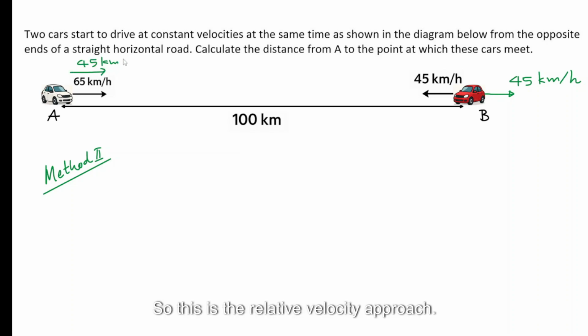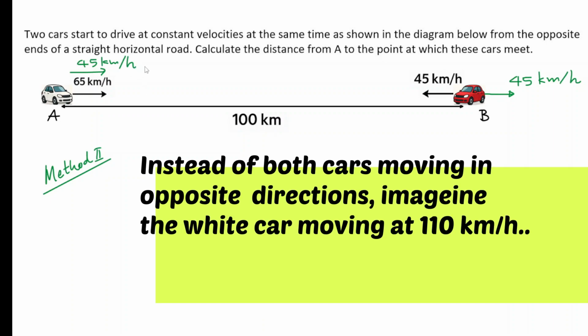So this is the relative velocity approach. Now, the velocity of this car A is now 65 add 45. It is 110 kilometers per hour.